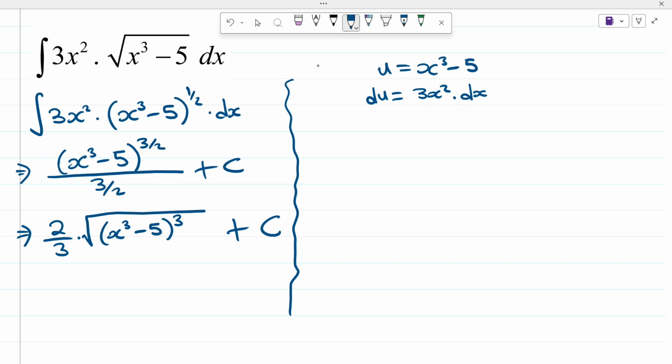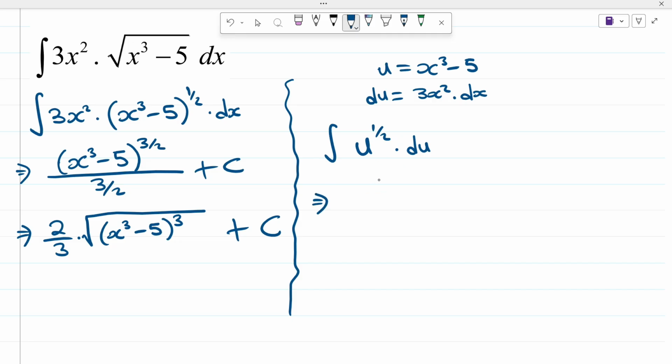Okay, so now we can rewrite our integral in terms of u. So we say 3x squared dx equals du, and x cubed minus 5 equals u. That means here we're just going to say u to the power half multiplied by du, and then we integrate this.